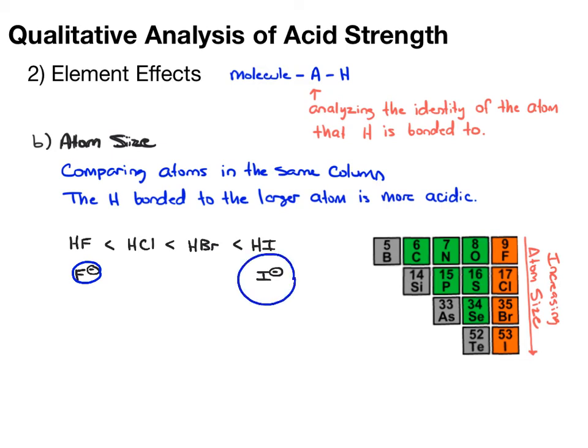What that larger size does is it spreads out the negative charge better. So I minus is the more stable conjugate base, and F minus is the less stable conjugate base. Since I minus is the more stable conjugate base, HI is the stronger acid.